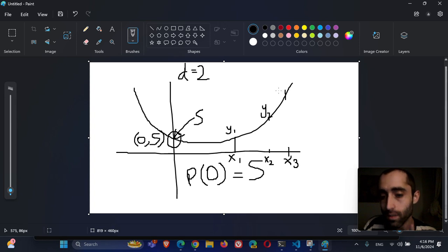Namely, I need at least 3 shares. I can give more; for the sake of example, I will give more. So I need 3, but I can create more shares on the polynomial. The idea is that we will need 3 shares in order to reconstruct the polynomial.